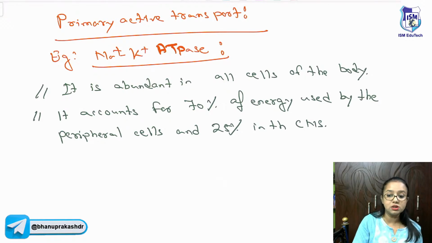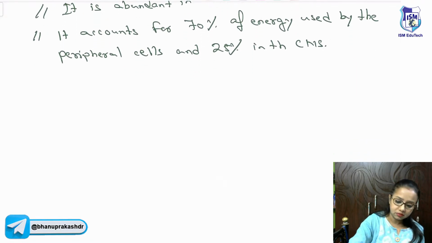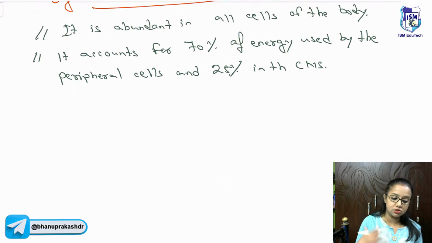Like this sodium potassium ATPase pump, you can see the term ATPase, that means it has an enzyme that breaks the ATP. So this pump is such that it consumes a lot of energy. Out of the total energy consumption, the body for the various metabolic function, the cells for the various metabolic function, it uses ATP. So out of that, 70% of the ATP is used by this pump alone. Okay, it is consumed by the pump alone in the peripheral nerves and 25% in the central nerve cells.